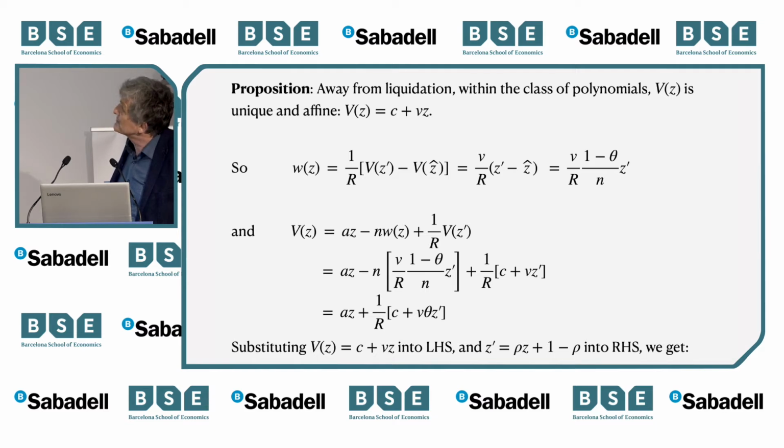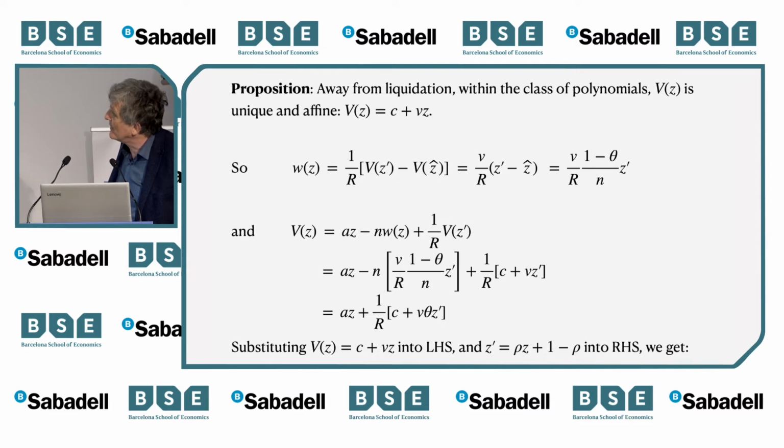and given this linearity, where little nu is the slope of the V function, that would just be nu over R times the gap in the Z's. And the gap in the Z's, from what we were looking at earlier, is 1 minus theta over n times Z prime.